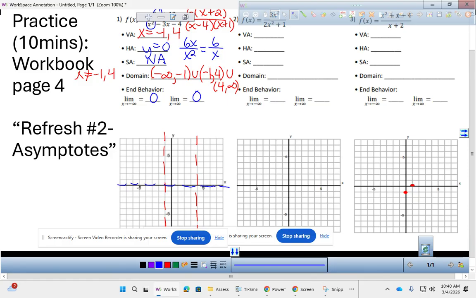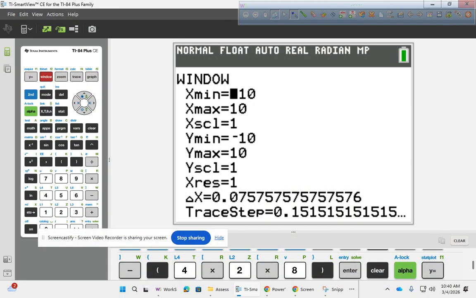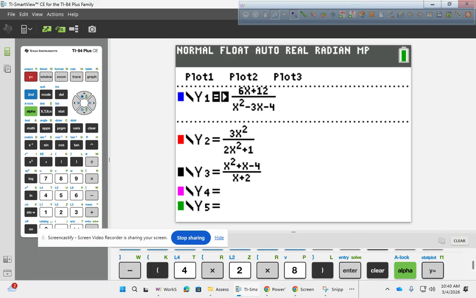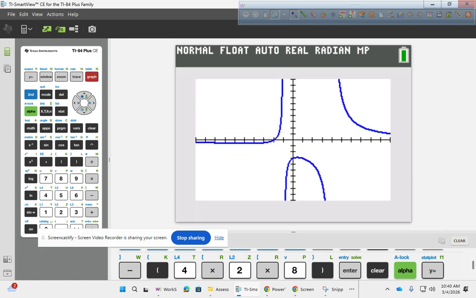So just to give you the big picture here, this is what this graph looks like. I typed it into my calculator. I have these ones shut off. All right, so this is the graph. I typed it in and I hit graph. And now I know the left-hand region that was broken up by my asymptotes looks like this. The middle region has this upside down U, and the right region looks like this.